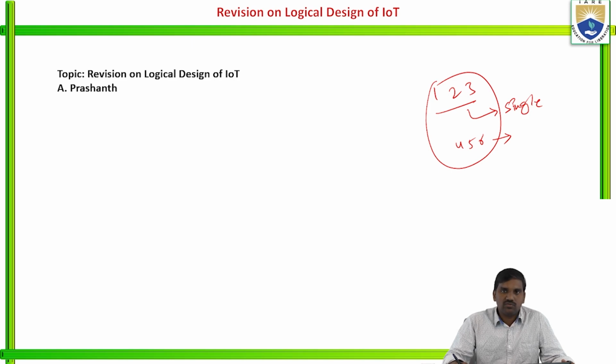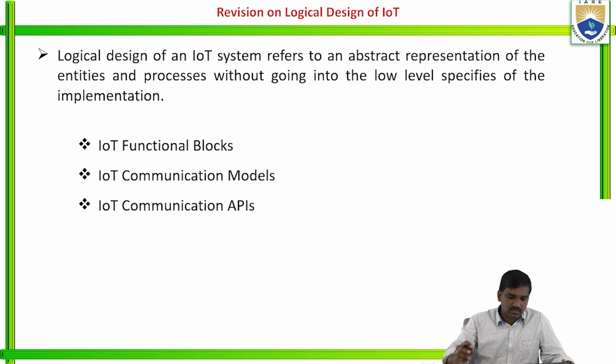Now we move on to the revision on the logical design of IoT. Here we have 3 kinds of communication blocks. The logical design of IoT refers to an abstract representation of the entities and processes without going into the low level specifics of the implementation.